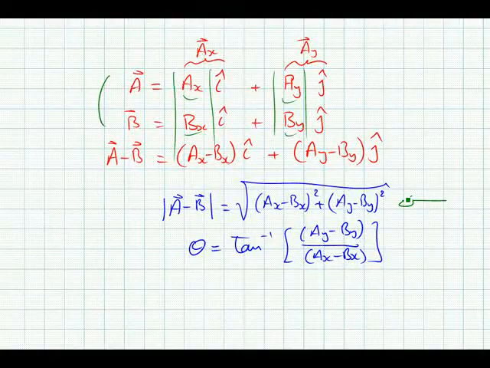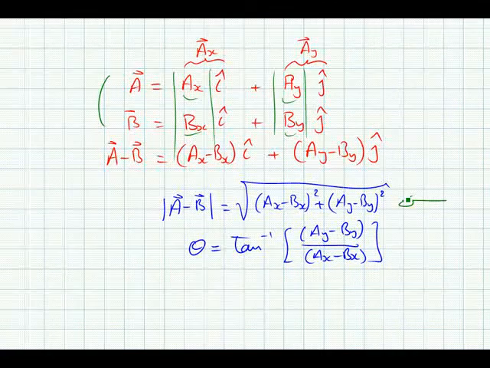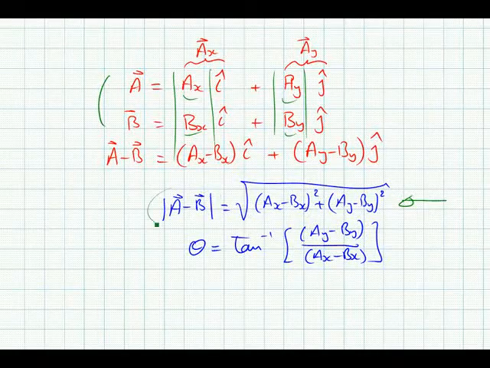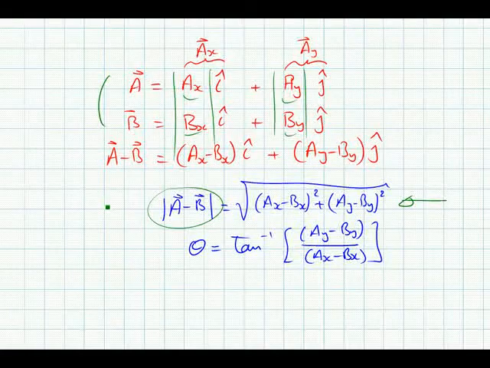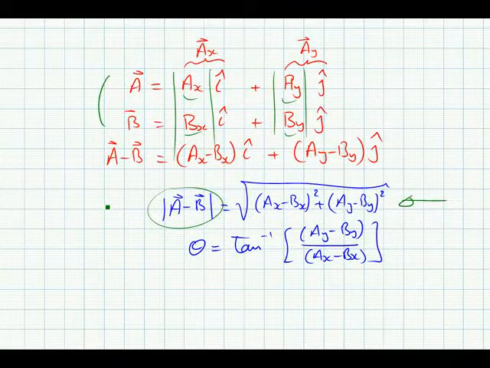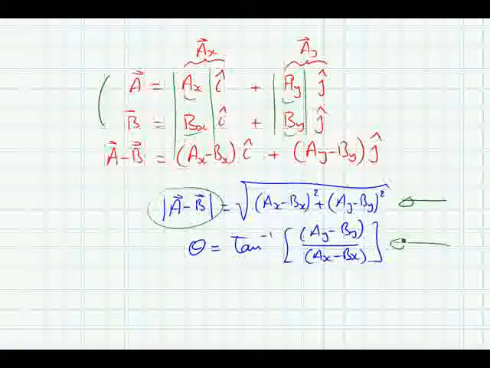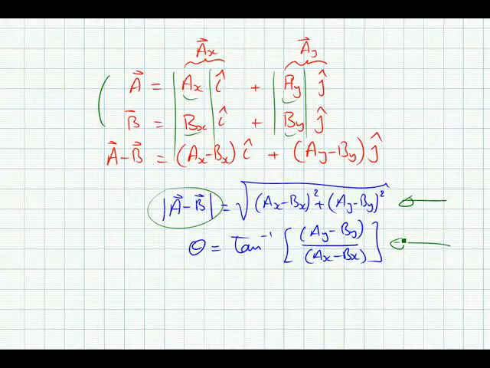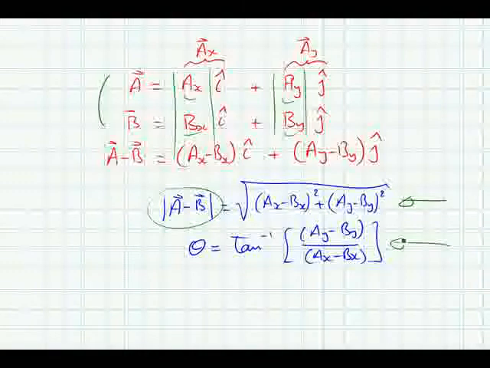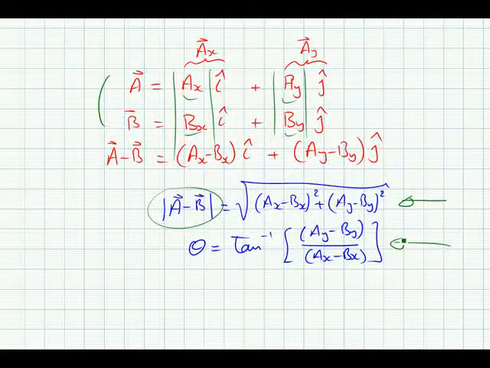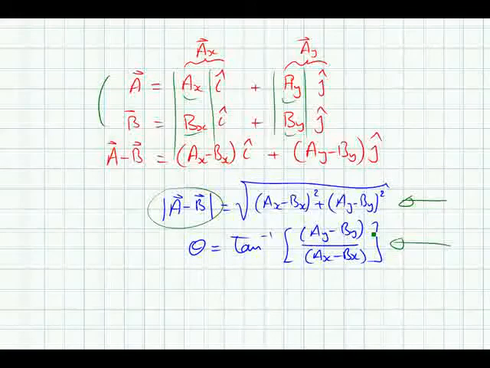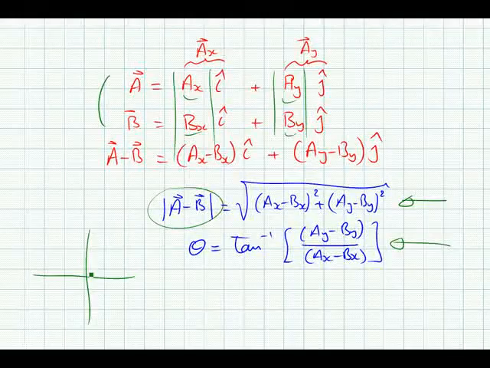If you know the component magnitudes, then you use the Pythagorean theorem to get the magnitude of the resultant vector itself, and you use the tangent to get the angle: the inverse tan of the y component over the x component.